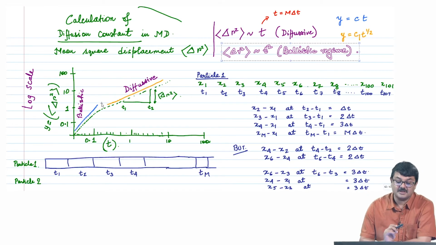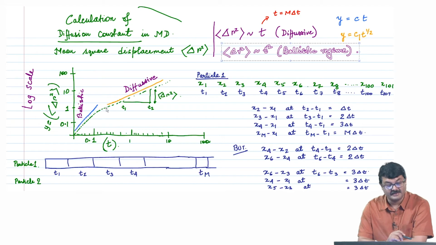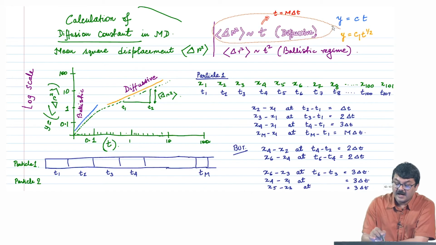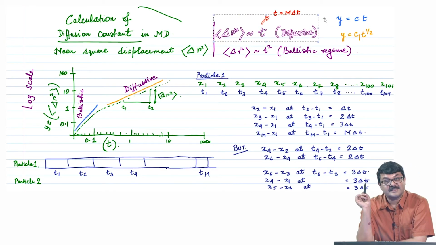So, the diffusion constant will also depend upon the interaction, and only after a certain time, which depends both on the density of the particles as well as the interaction, does the MSD reach the diffusive regime, where delta r square goes as t.